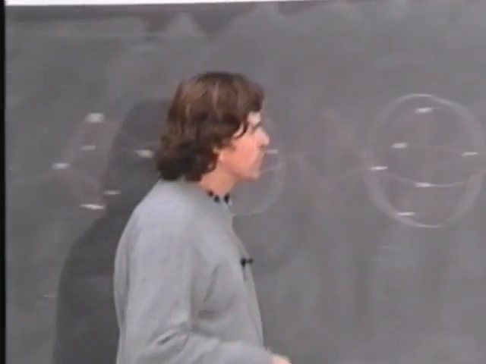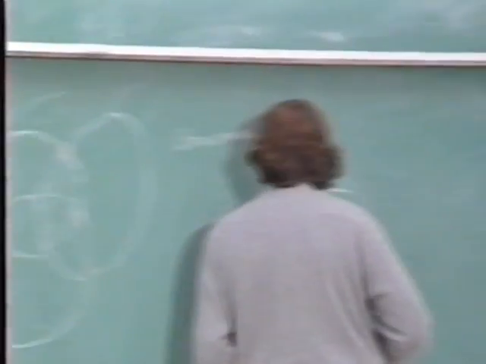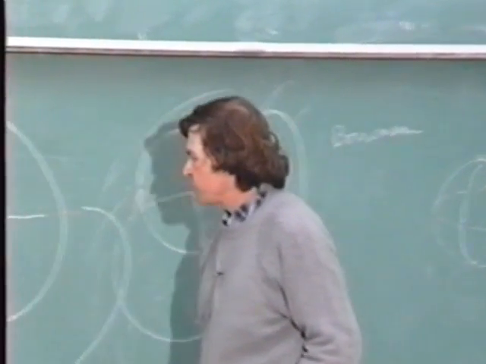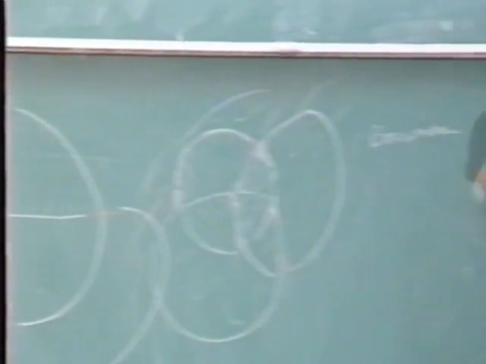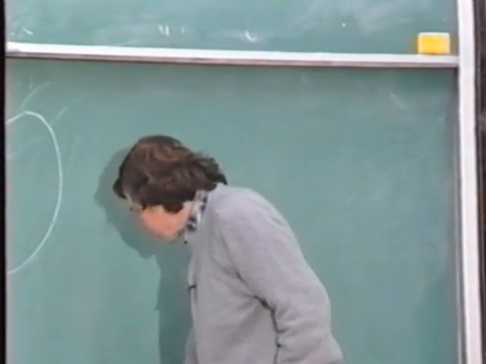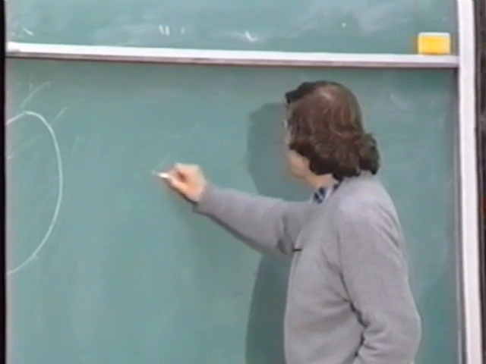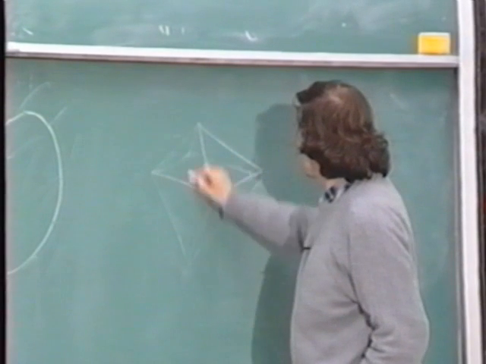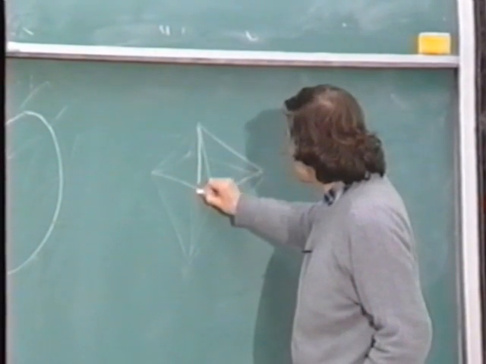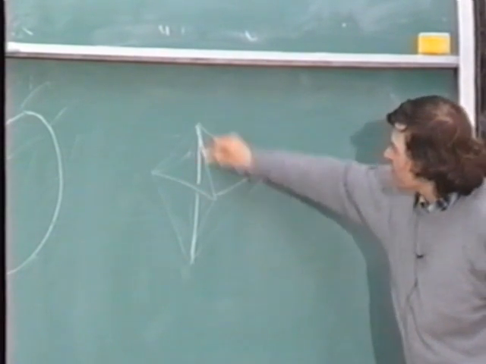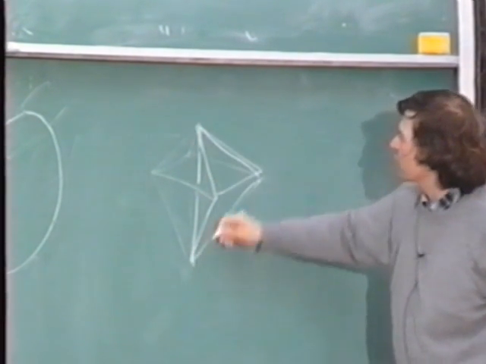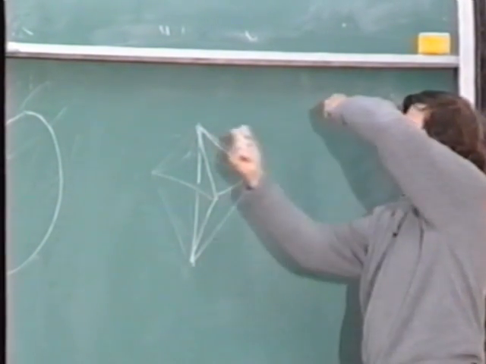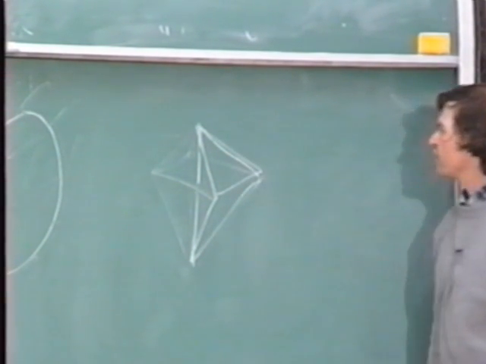So here we've obtained the complement of the link as a union of polyhedra in some way. You can always decompose a polyhedron into tetrahedra. So we can take this octahedron, and you can add an edge down the middle, and then there are 4 tetrahedra arranged around that edge.